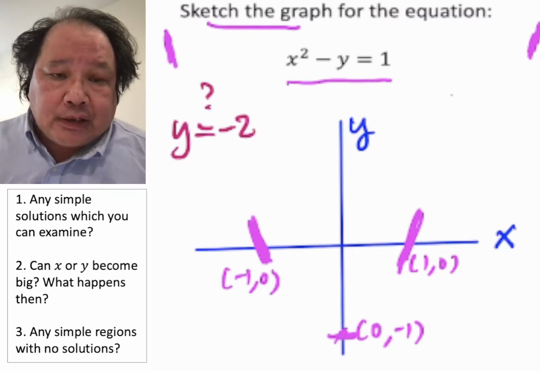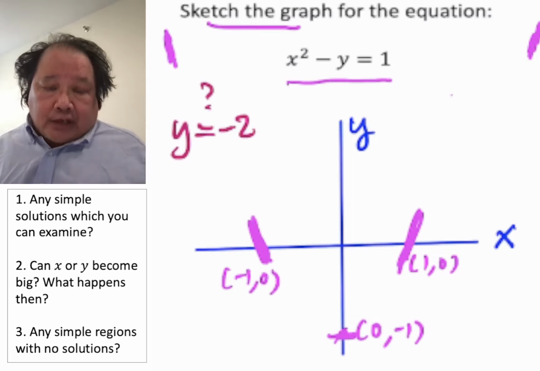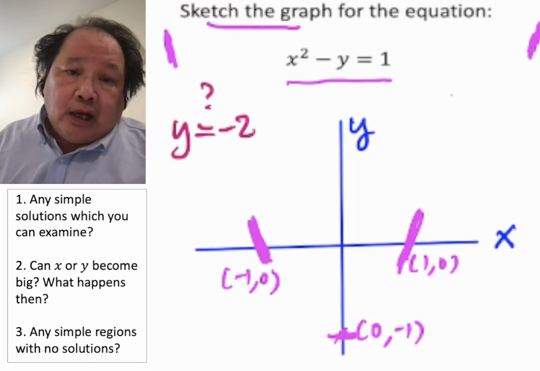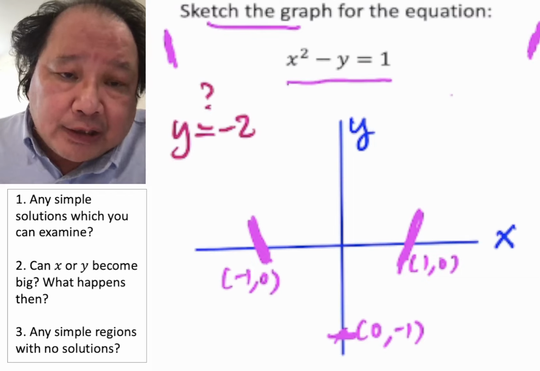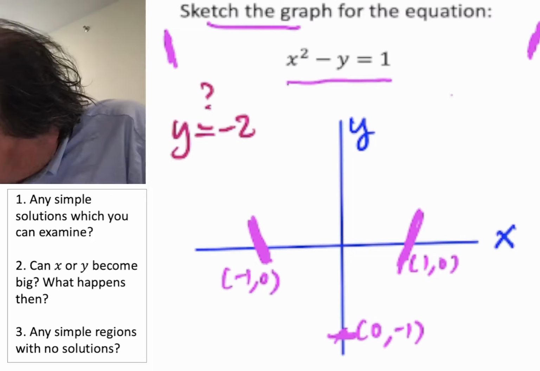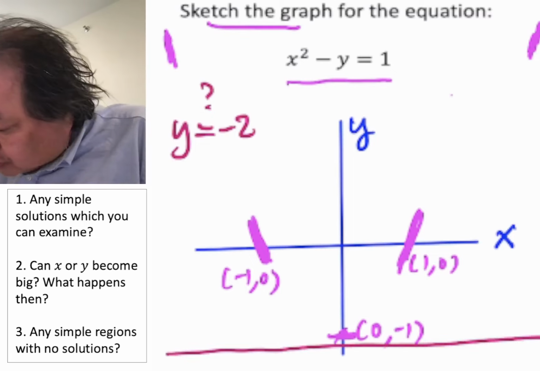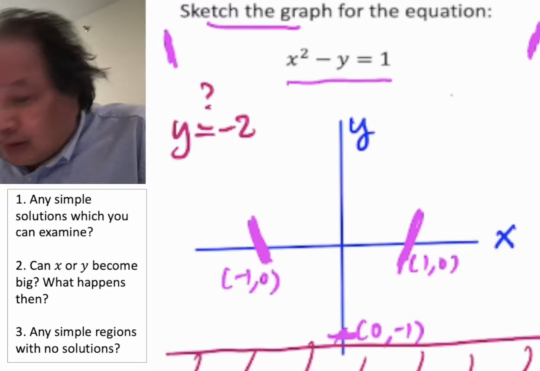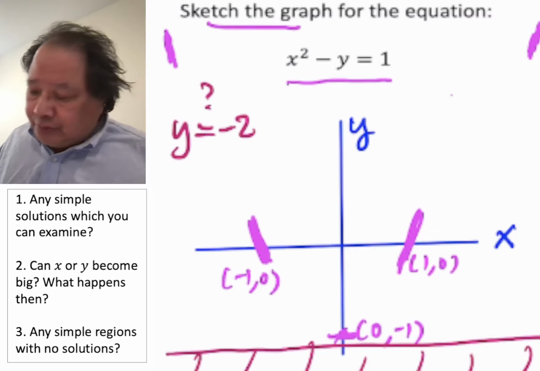Y cannot be a very big negative number. The biggest negative number it can actually be would be negative 1, because minus 1 is already 1. So the last thing we can see is that there are regions we can't have a big negative number for y, so there are regions that aren't bound. And those are our 3 clues.